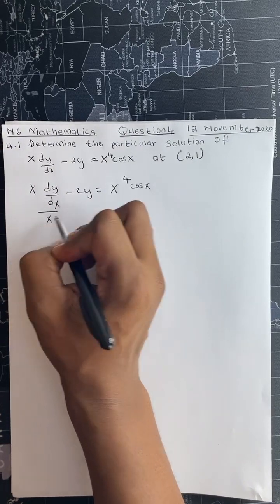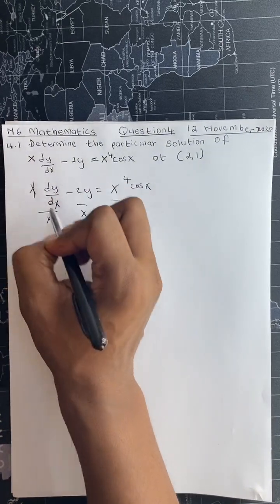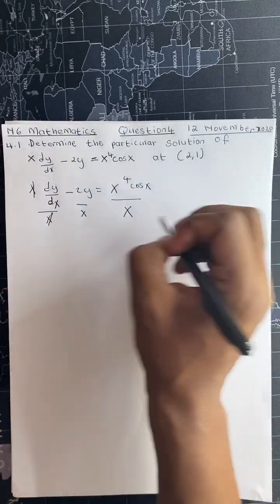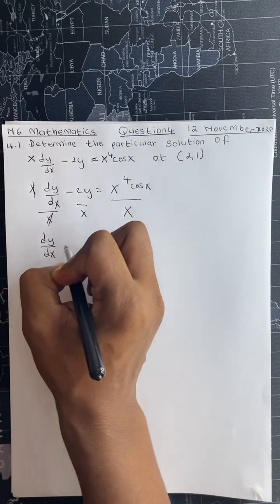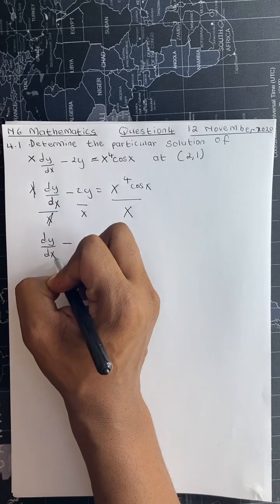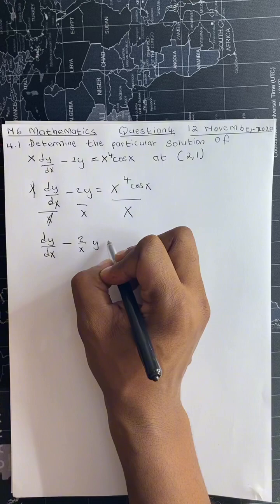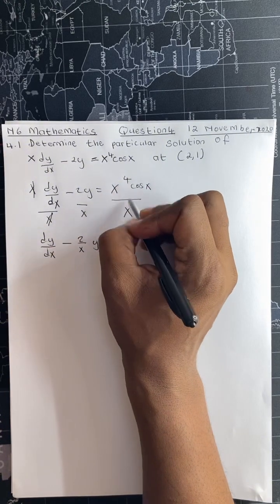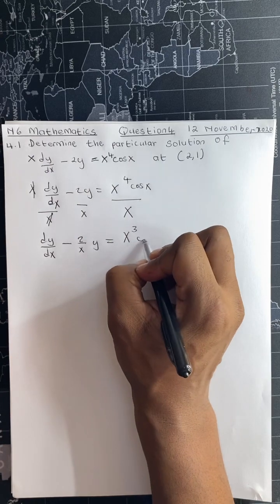What you do on the left, you also do on the right. So that x will cancel out with that x, and our dy over dx minus 2 over x multiplied by y will be equal to x to the power 4 divided by x, which is x cubed cos x.